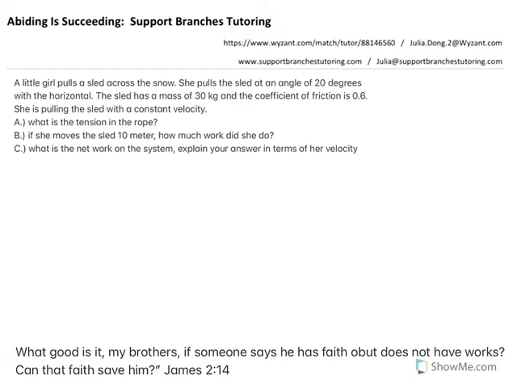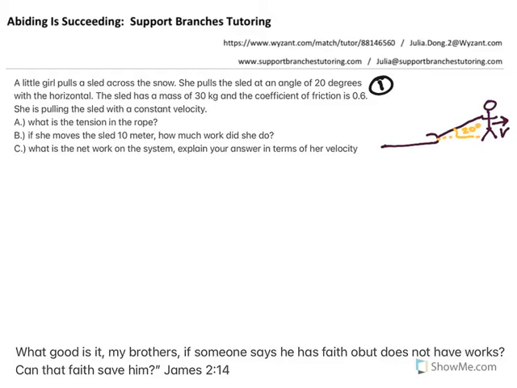The first part is, let's draw a picture of what's going on and what we know here. We have this sled and this little girl. It says that she is moving with a constant velocity, and she's pulling the sled at an angle of 20 degrees with the horizontal.